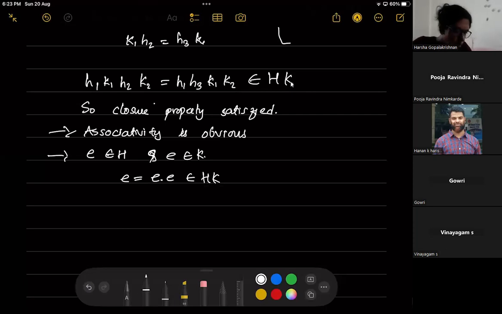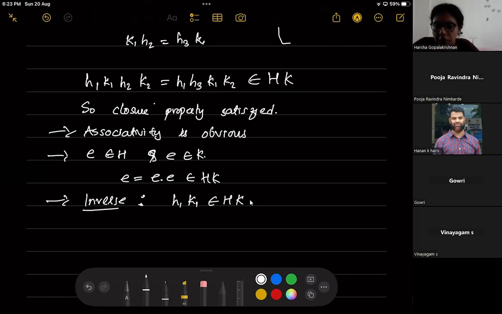Now the third condition is inverse. I'm taking one element H1K1 in HK. So, what will be the inverse of H1K1, if it exists? H1K1 belongs to HK means it will be in G, because HK is a subset of G, right?